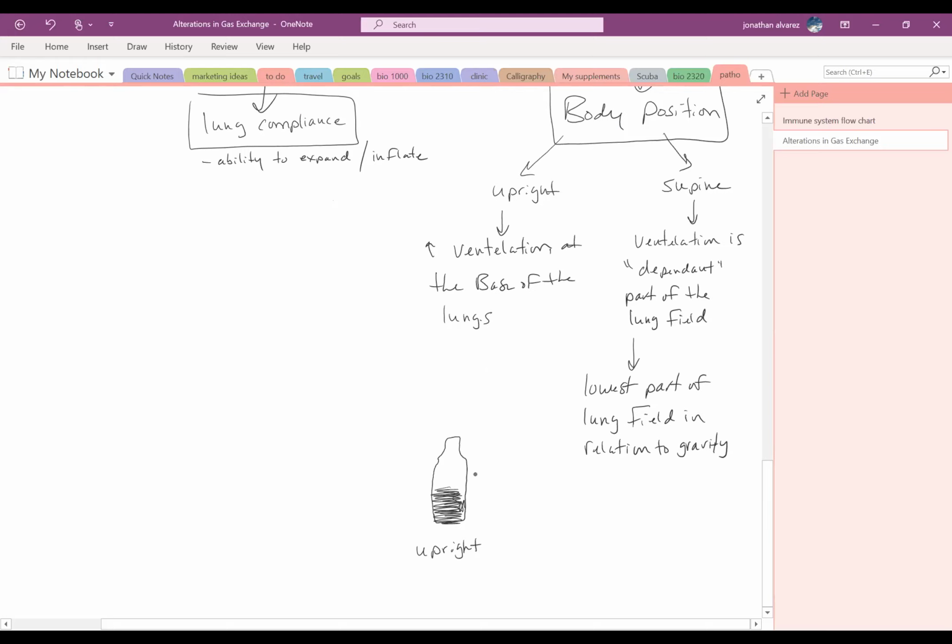If you take this water bottle and tip it onto its side, as you would imagine, the fluid will change in relation to gravity. The lowest part of the water bottle or the lung field in relation to gravity. So the fluid should do something like this. So that would be now the area of the ventilation dependent on the part of the lung field in relation to gravity.